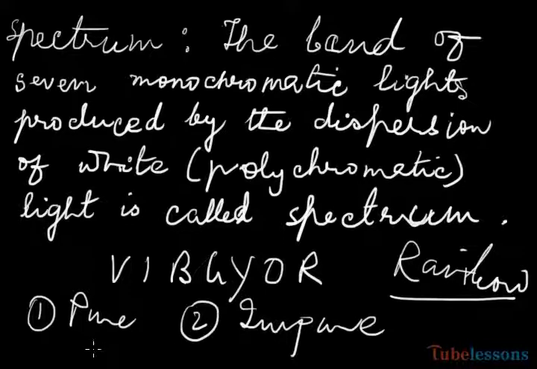In pure spectrum, the 7 monochromatic lights do not overlap each other, so they are seen distinctly. But in impure spectrum, the 7 monochromatic lights overlap each other, so they are not seen distinctly. And this is all about the spectrum. Now we have completed spectrum and dispersion of light.